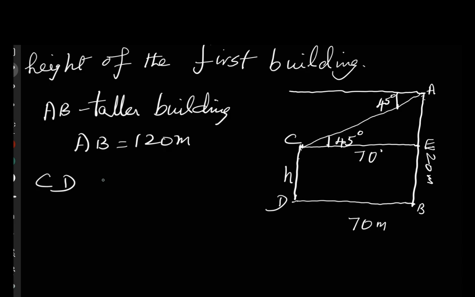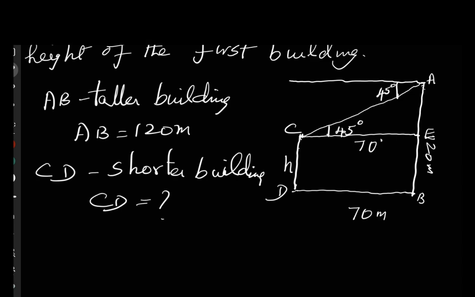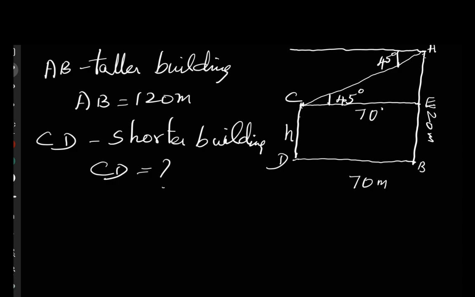And CD, the shorter one, I have to find. So I take here the triangle, where you will get 45 degrees, the smaller one.